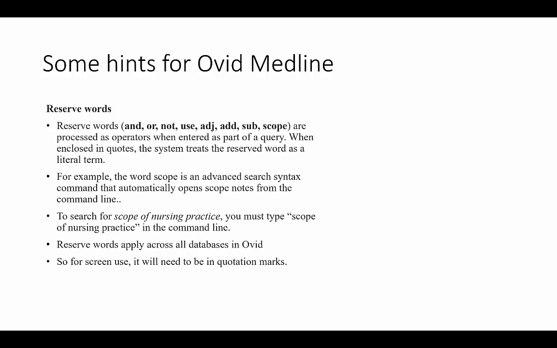So whenever you're trying to search for the word use, if you don't put it in quotation marks, it will give you an error message. So it's one of those things you don't know until it happens to you. So I wanted to put that in here and let you know what happens when you're trying to search for this.